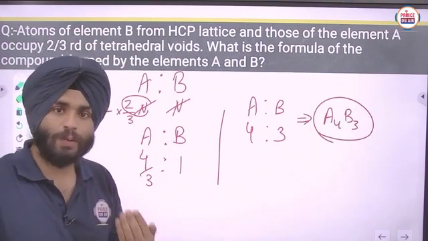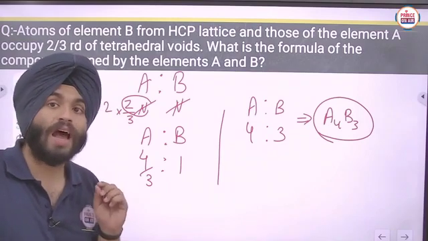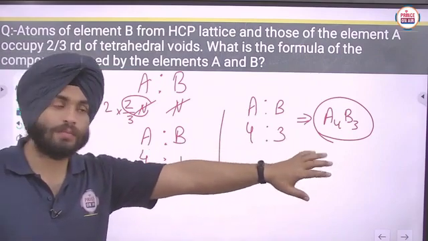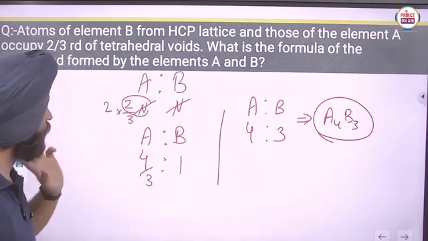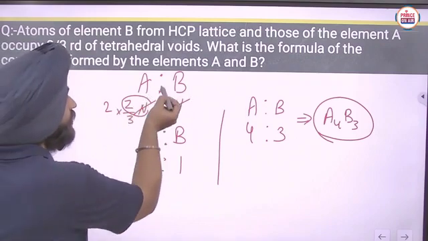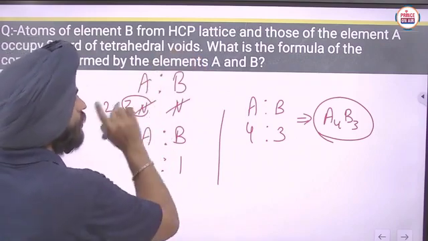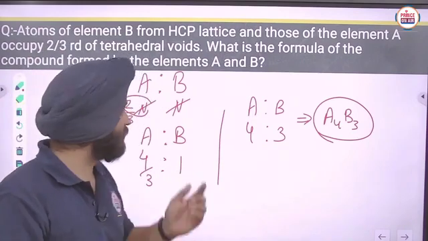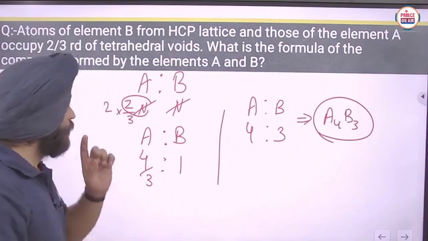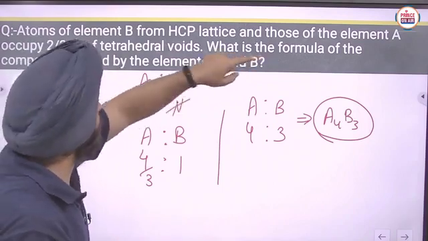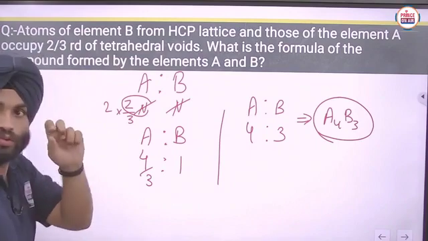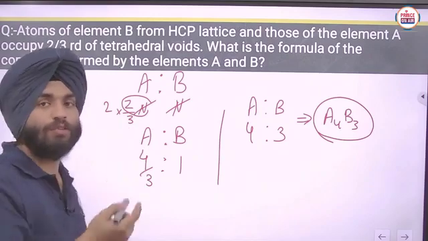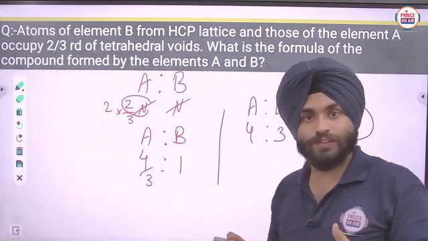Now I have written that formula in this way, and I am just explaining by mouth how we have to attempt it in the exam. Can you understand the question here? A ratio B. The B are at the HCP lattice, so let us suppose the number of particles in the HCP lattice is n. The A are occupying the tetrahedral voids, so the tetrahedral voids will become 2n, equal to double the number of spheres in the lattice.